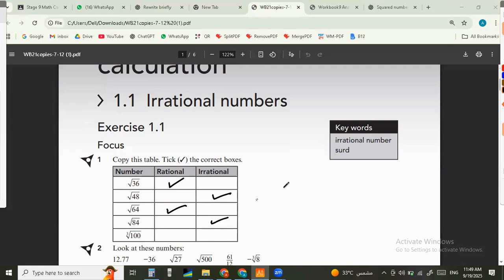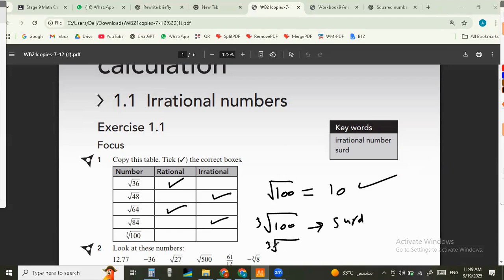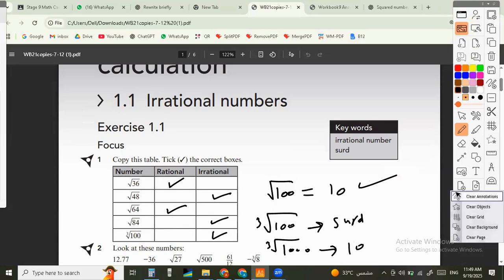Don't you know that square root of 100 is 10? Yes. But cube root of 100? No, it is a surd. I know that cube root of 1000 is 10, but cube root of 100 is a surd, which is irrational. Let's move on to the next question.